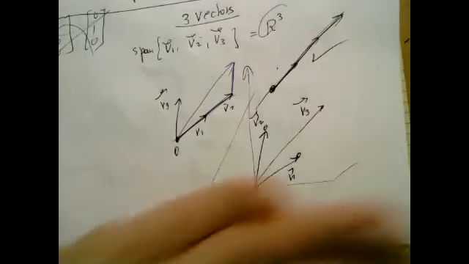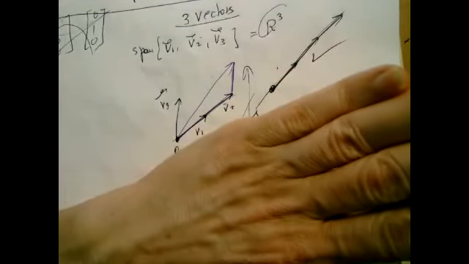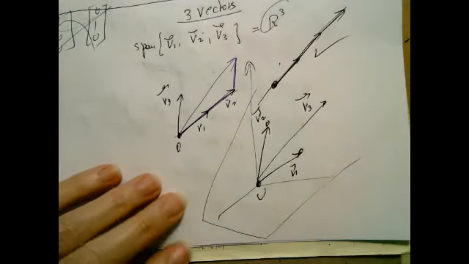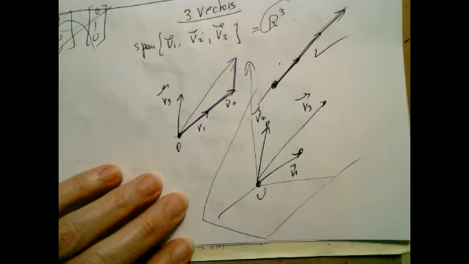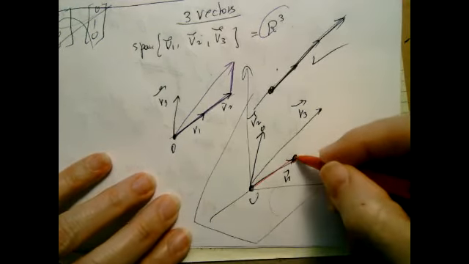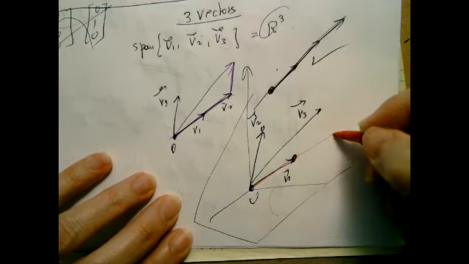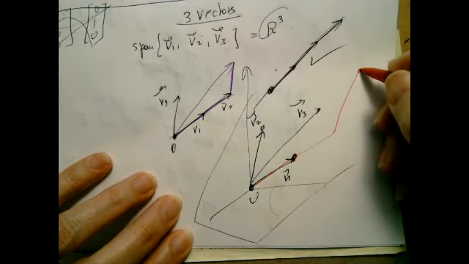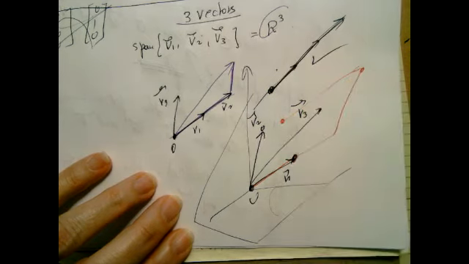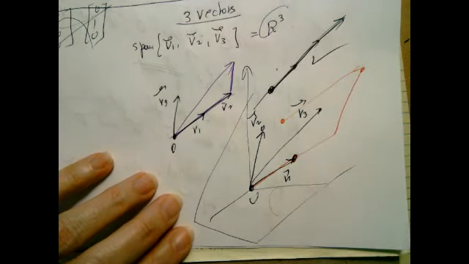They're all three in the same plane, even though it's tilted because you are in R3, but all three of them are within the same plane. And then what happened here? If I start adding those vectors, if I move a little bit in the direction of V1, then a little bit in the direction of V2, then a little bit in the direction of V3, I never leave the plane. The span also is not going to be R3.